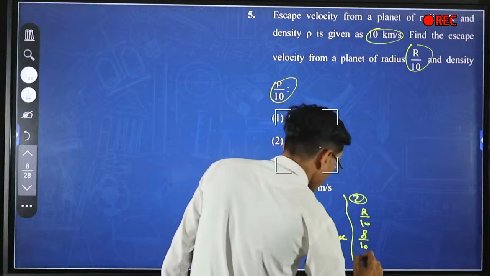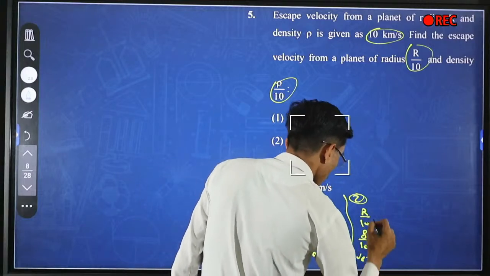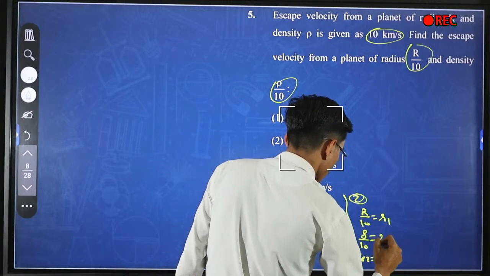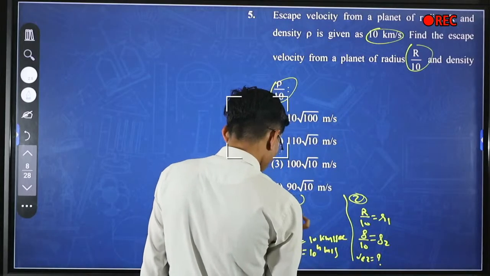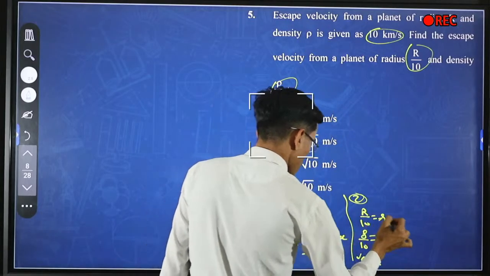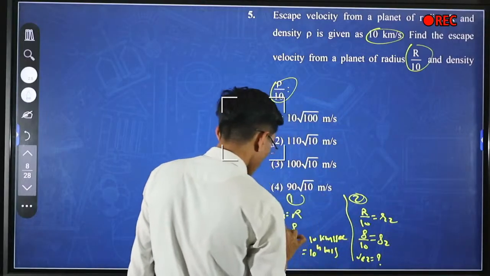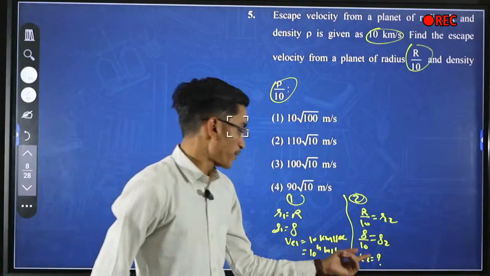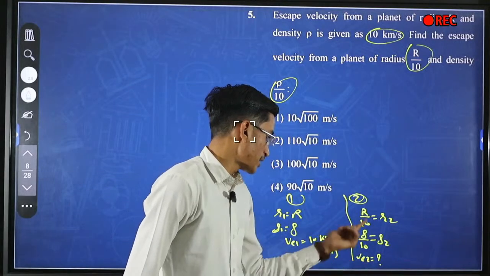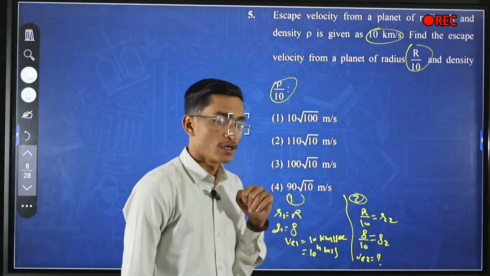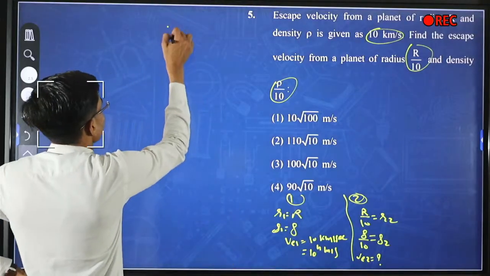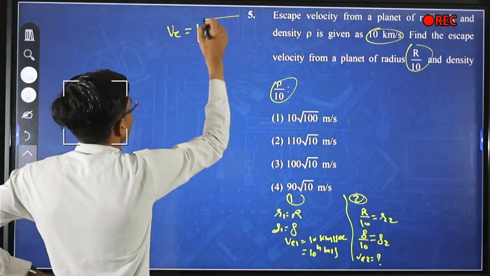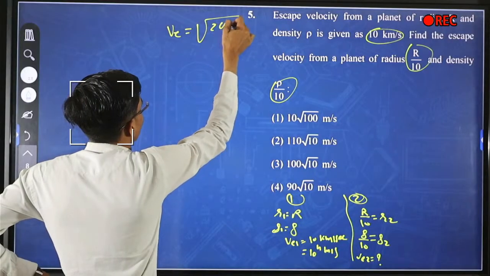Then what will be the escape speed from this planet? Let us say r2 and rho2. Sorry, this is r2, and rho1 is equal to rho. So we have to find escape speed in terms of radius and density. We know the formula of escape speed. Escape speed is written as the square root of 2GM by R.